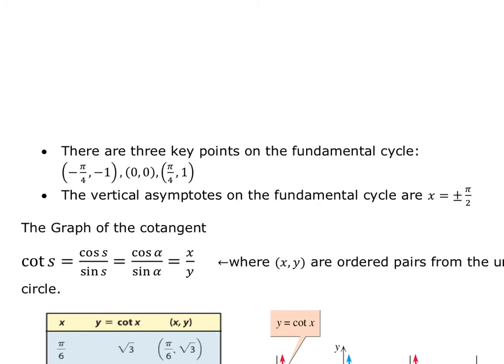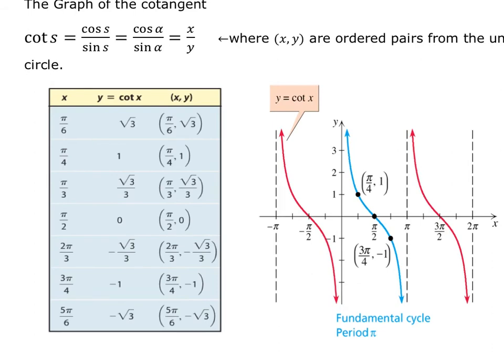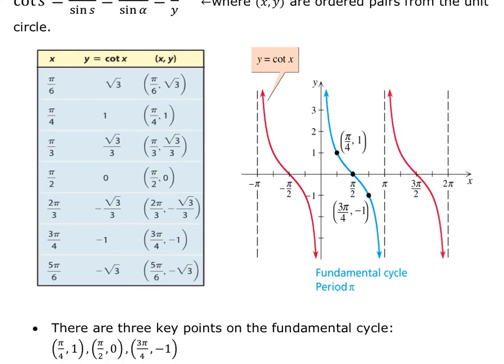Let you all have a chance to write that down. So cotangent is the reciprocal. That means wherever sine is 0 is where I have the vertical asymptotes. Notice that where the cosecant has vertical asymptotes is where my cotangent has vertical asymptotes, because sine is in the denominator.